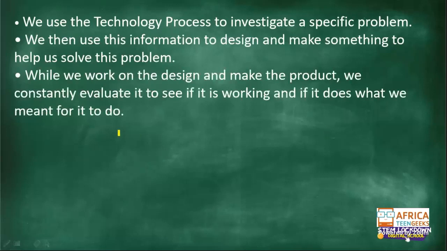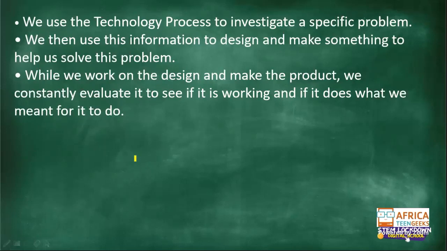While we work on the design and make the product, we constantly evaluate it to see if it is working and if it does what we meant for it to do. Okay, so while we're making this, we're going to remember why we are doing this. I'll give you some examples later when we do it.